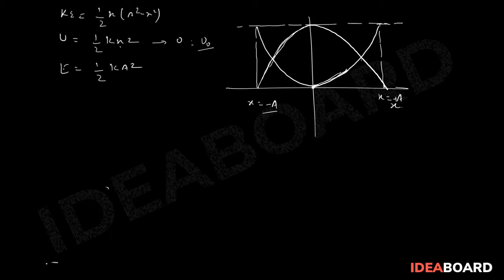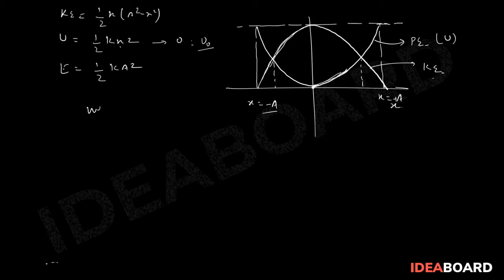So here there are 2 points where you see that kinetic energy and potential energy are equal. This is for potential energy U and this is for kinetic energy. We can also understand these 2 points where energies are equal. First of all, we can find these points.